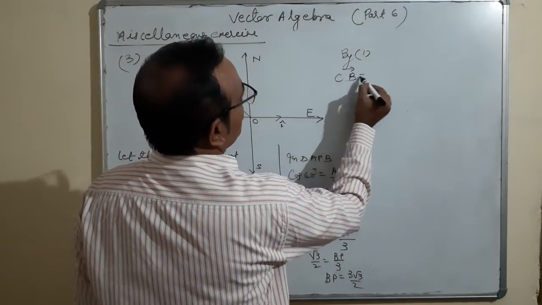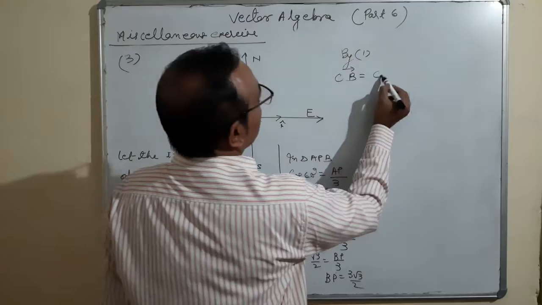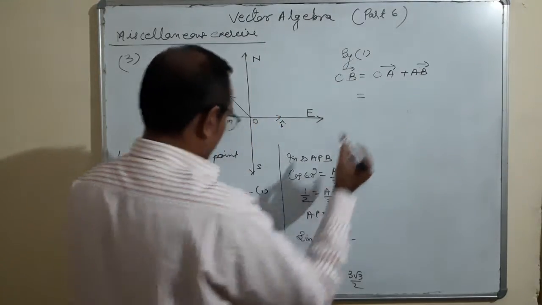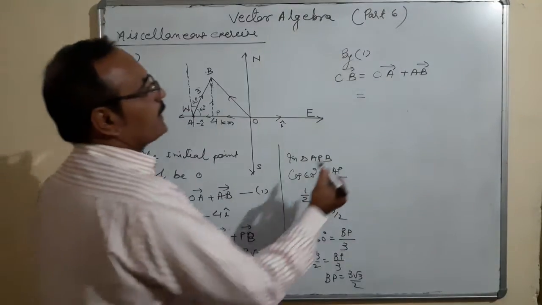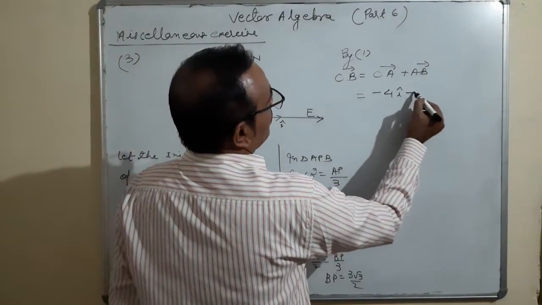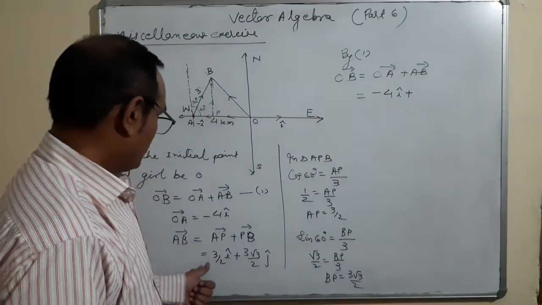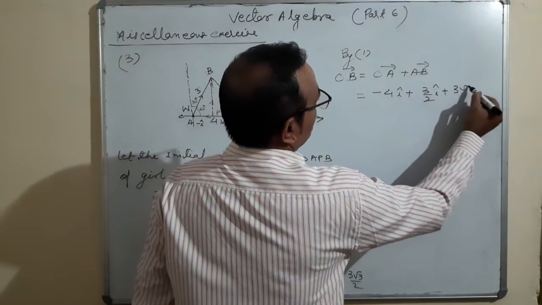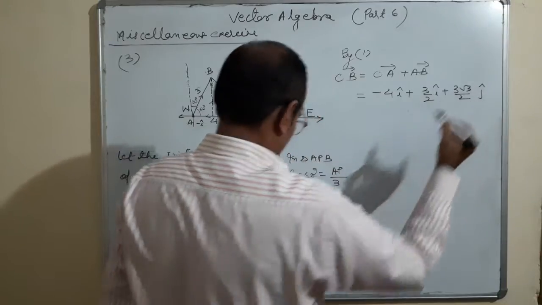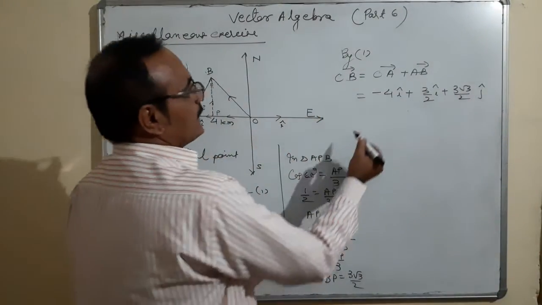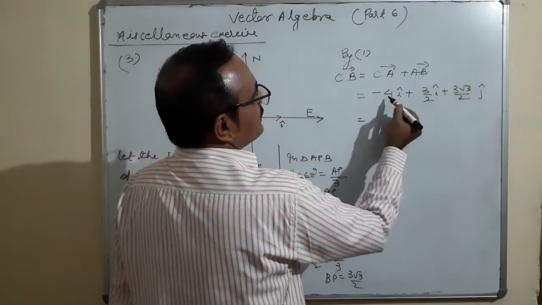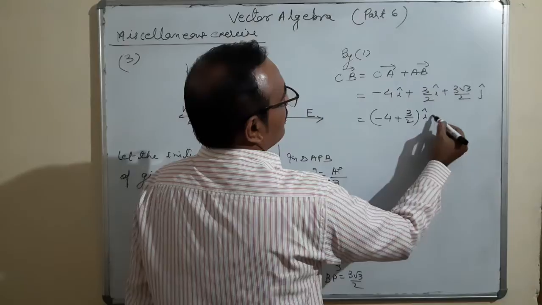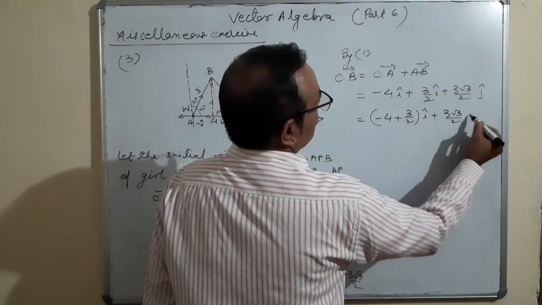So OB is equal to OA plus AB. OA we already have: minus 4i, plus AB, that is 3 by 2 i plus 3 root 3 by 2 j. Okay. Like terms, i and i: minus 4 plus 3 by 2 i plus 3 root 3 by 2 j.